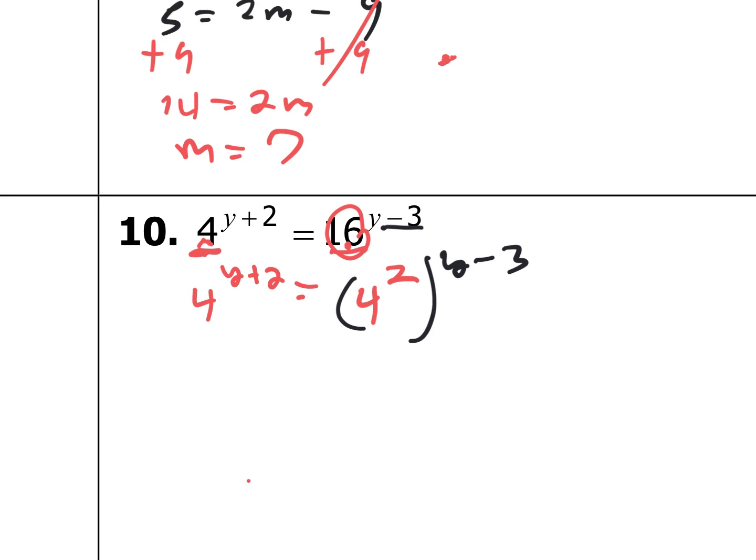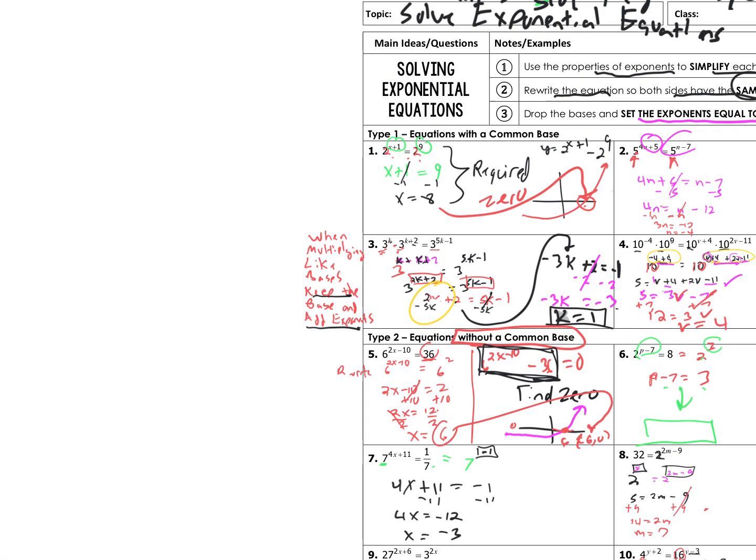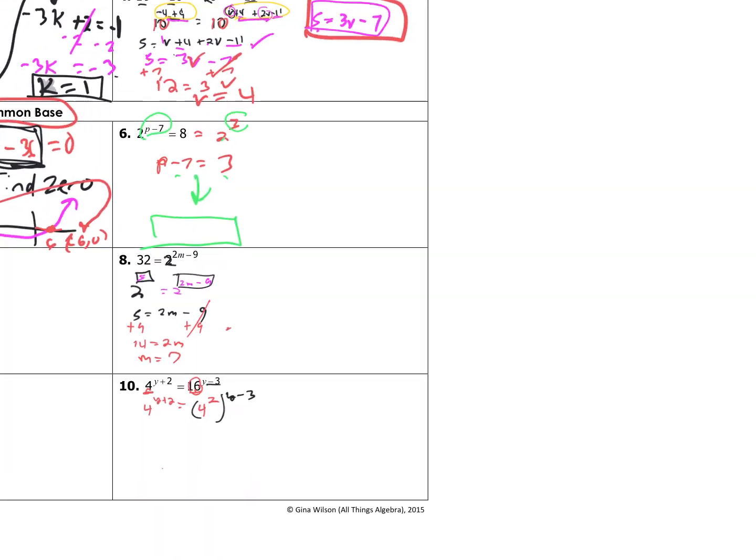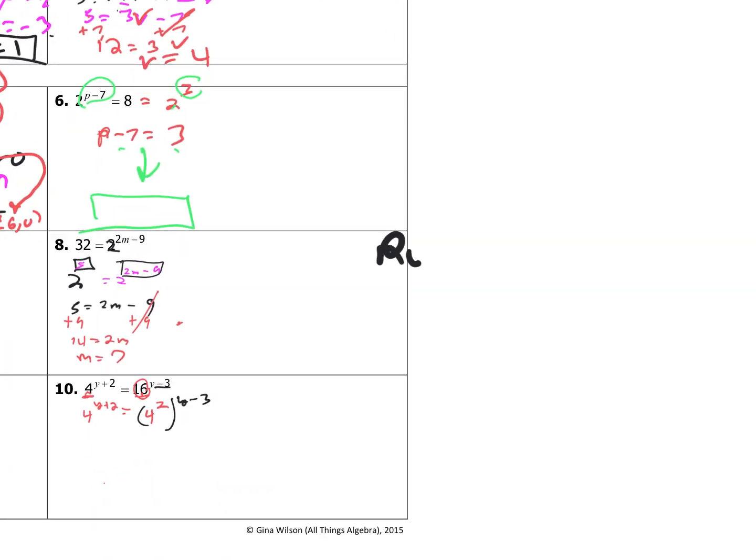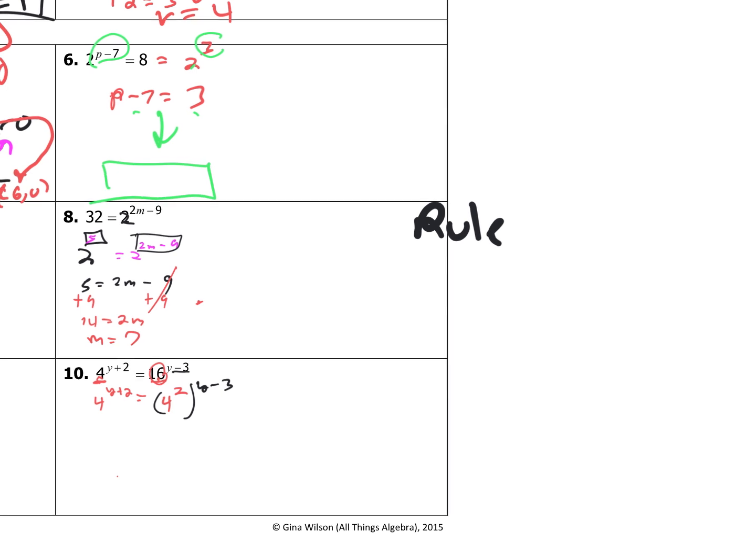There's another rule. We had a rule over here that was a rule from the past. Here's another rule.